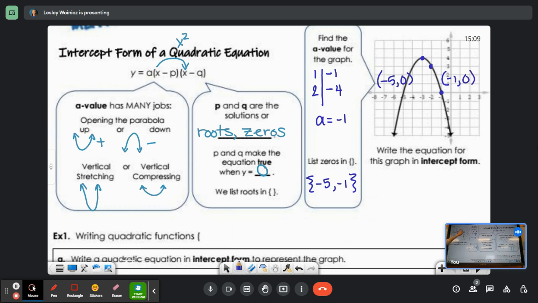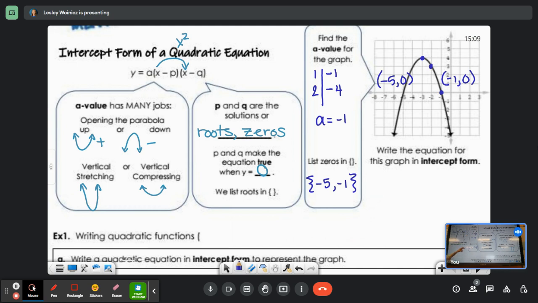So these are the x-intercepts. These are the roots. They're cousins. They're obviously related. They tell us the same information, but they're different. This is a set of points. This is a set of values. Cool?